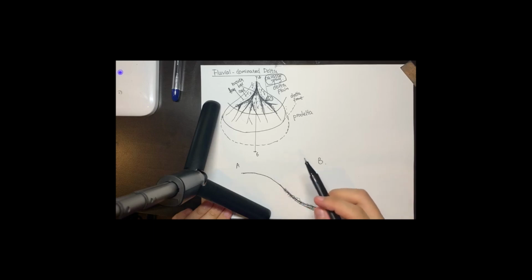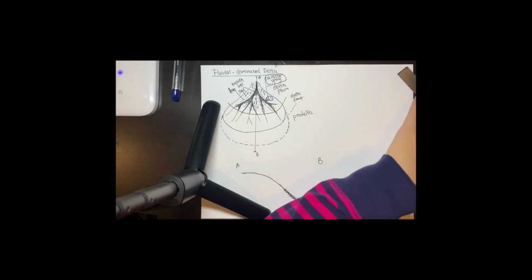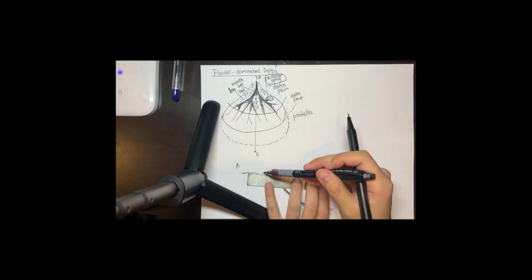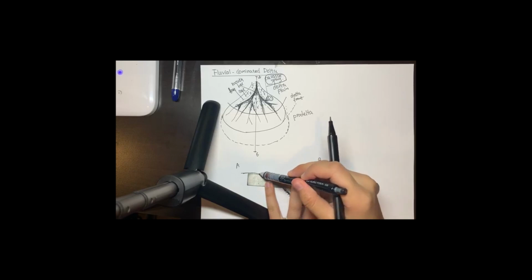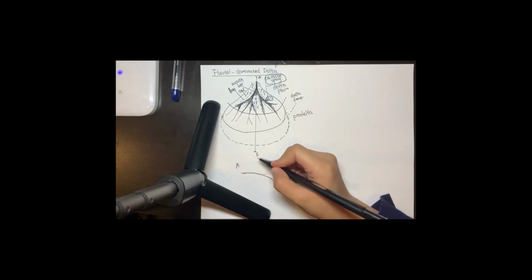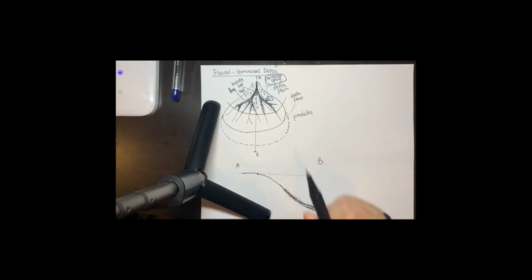So if we consider that sea level does not change, I will draw a sea level with my pencil. Let's say sea level is over here. And we know that from this point landward, this is the delta plain area.